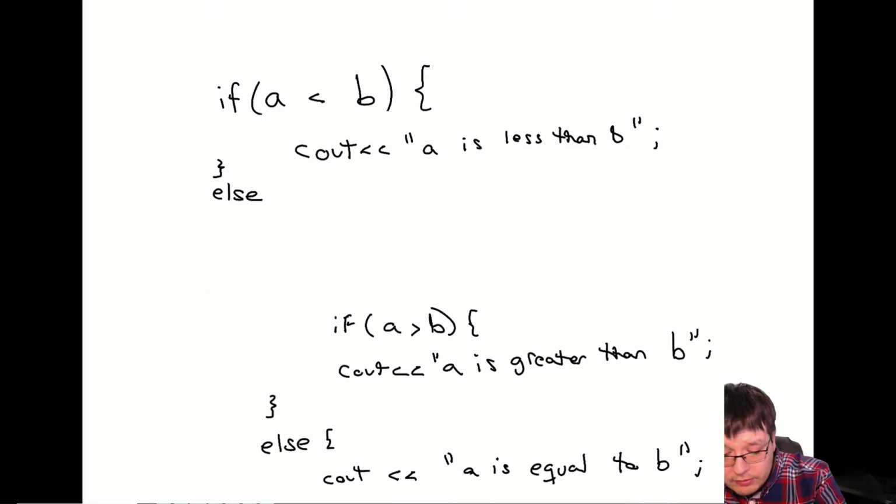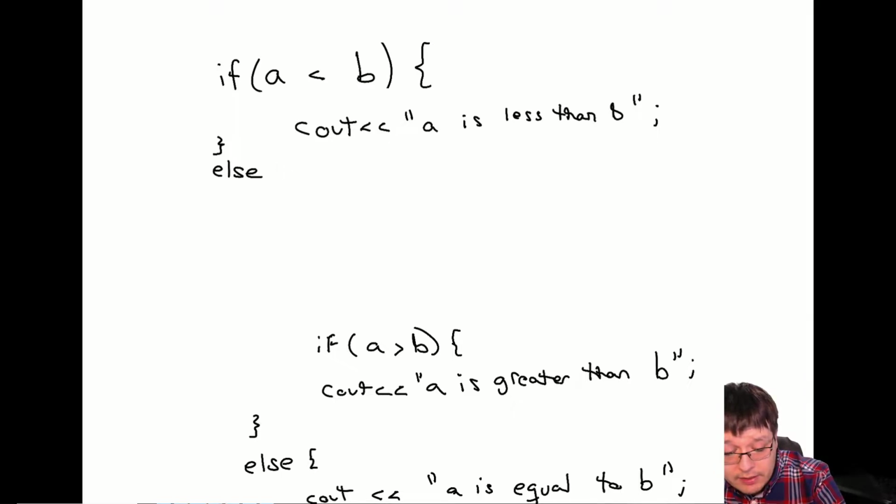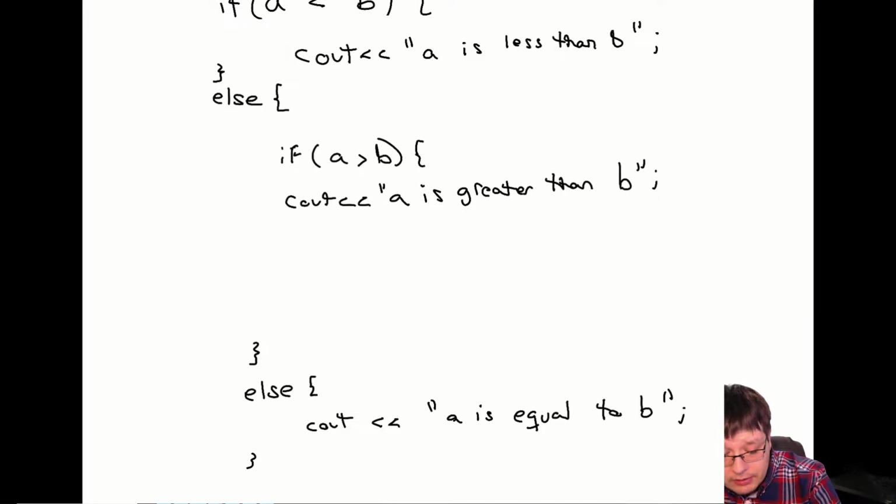So with an if else, we know that the else clause is going to get executed if the if expression evaluates to false. So in that case, what we need to do is we need to put a little if statement inside of the else clause with its own local else statement.